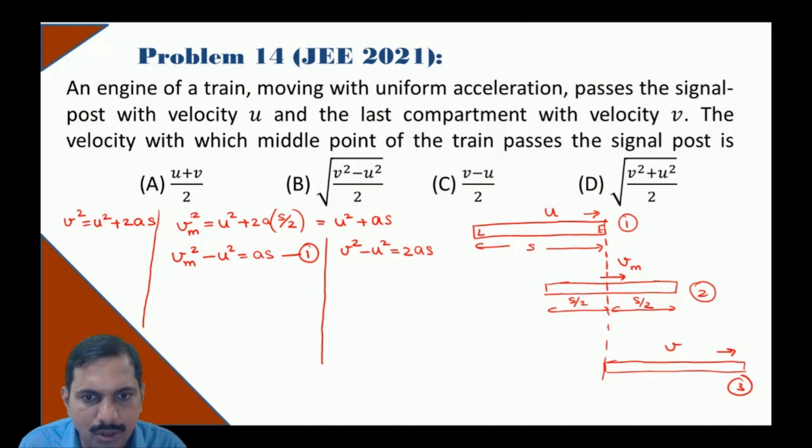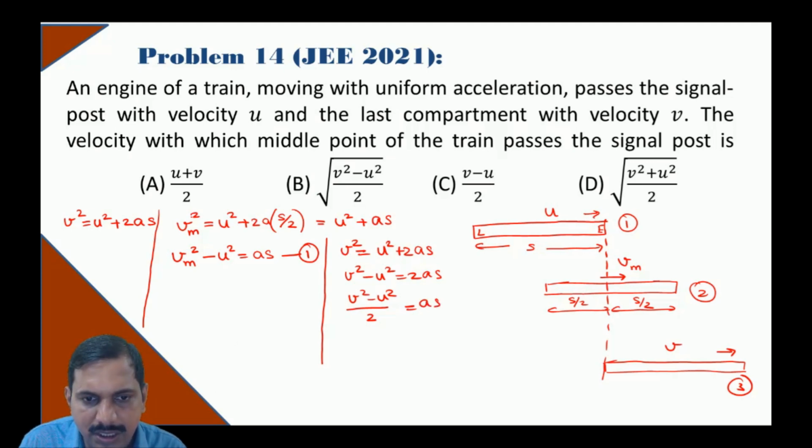So we could write this as v square minus u square is equal to 2as. You could have written it as v square is equal to u square plus 2as, and then v square minus u square is equal to 2as. Now what we will do is bring this down here. We will say v square minus u square divided by 2 is equal to as.